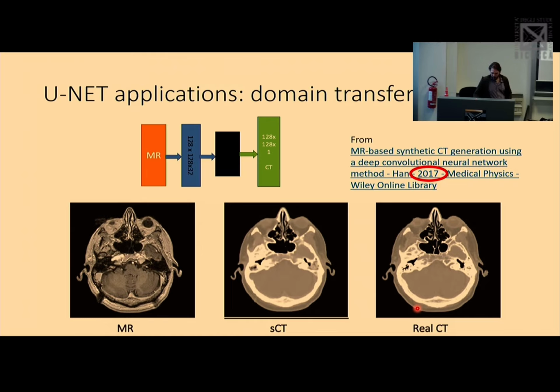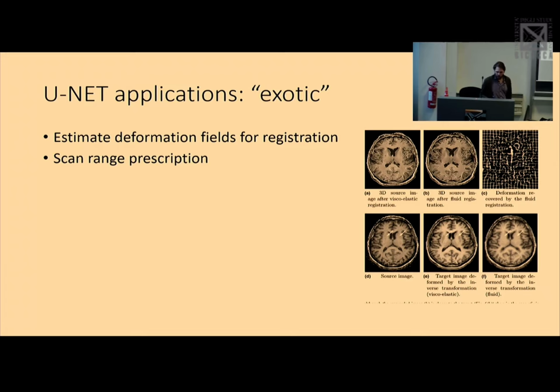Now, let's go back to the core topic. When you do image-to-image transformation, you can do some exotic applications. You can really take from a random input any output. So what some people invented was to estimate the deformation field for image registration.